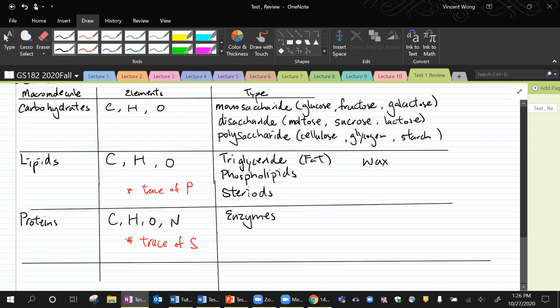We have proteins that are in the membrane, either fully embedded or just attached on the side. And we have hormones as well. In terms of lipids, the steroids include cholesterol and hormones. Some of the hormones are made from cholesterol.